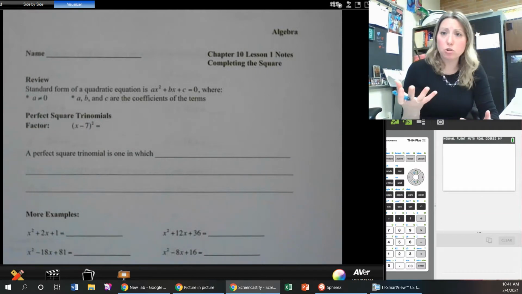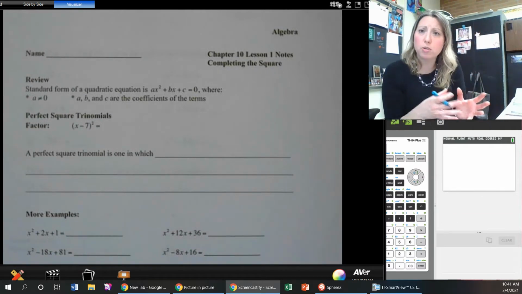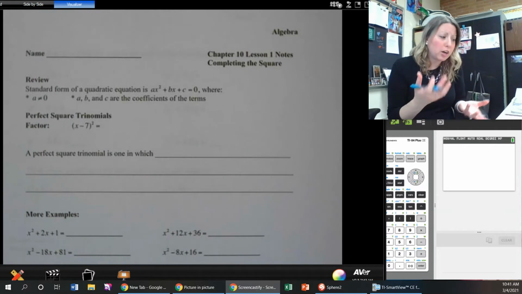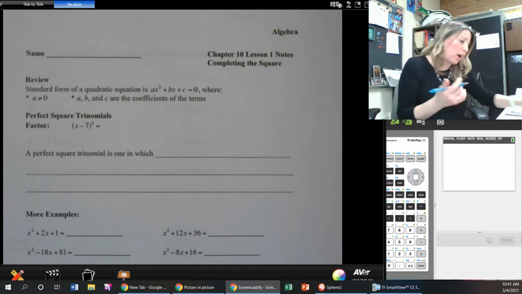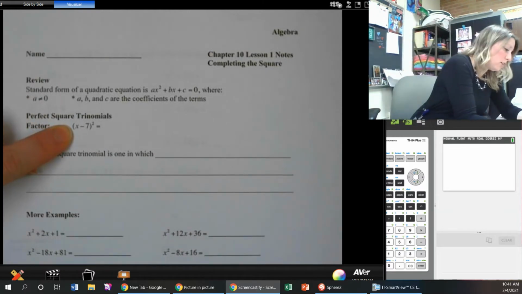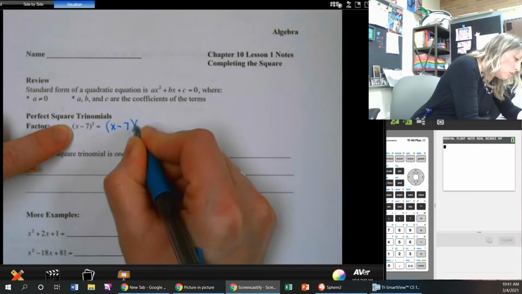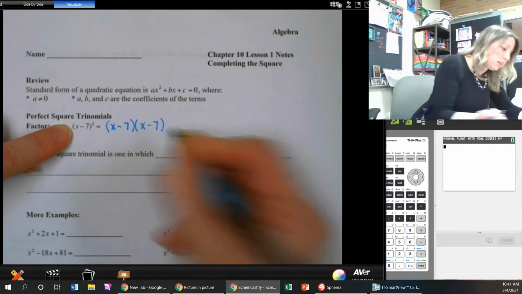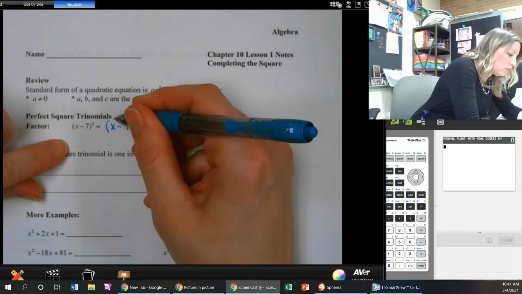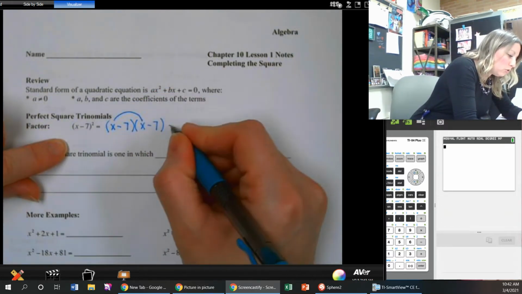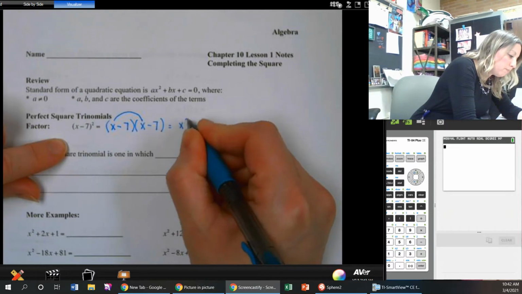Now, what I'm going to do is I'm just going to show you what I get when I take a binomial and square it. And we talked about this back in Chapter 6, where when you have a binomial squared, you want to rewrite it out into the two binomials that are multiplying together, and you want to FOIL it out. So x times x is x squared.